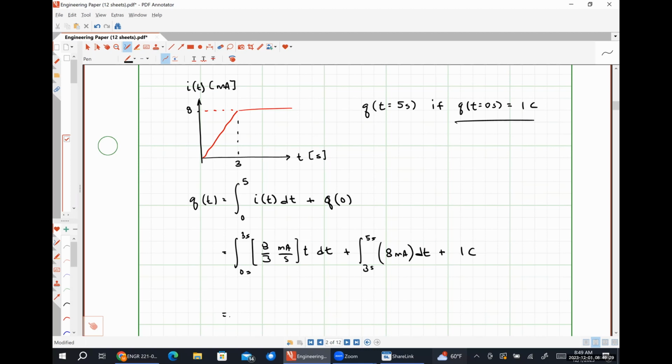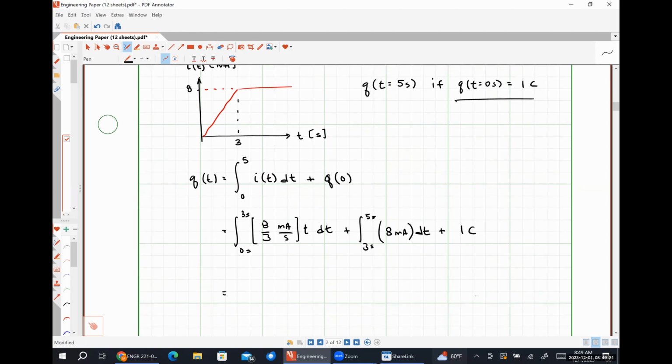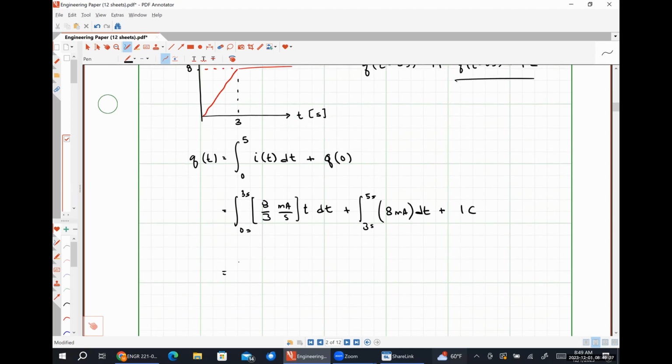Okay. So we should be able to math this up pretty easily. So the 8/3 milliamp per second, that is a constant value, so it can actually be taken outside. What's the integral of t with respect to t? T squared over 2, right?